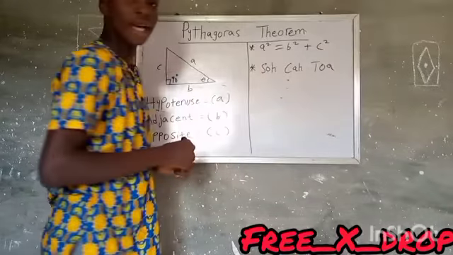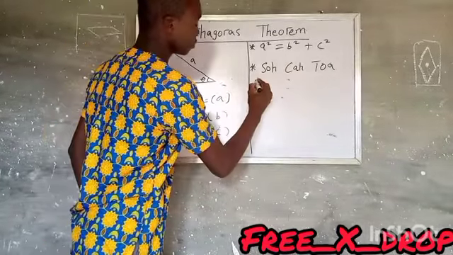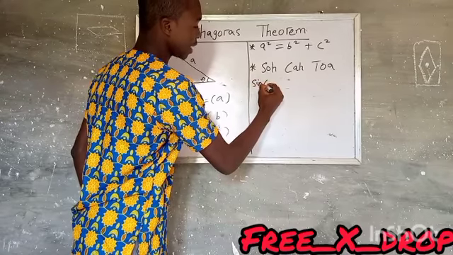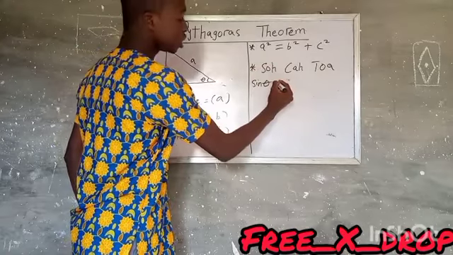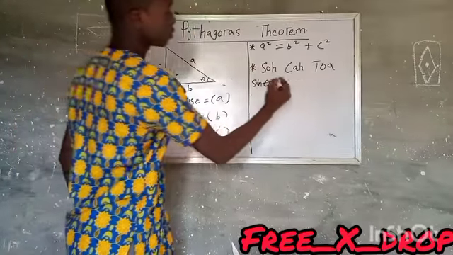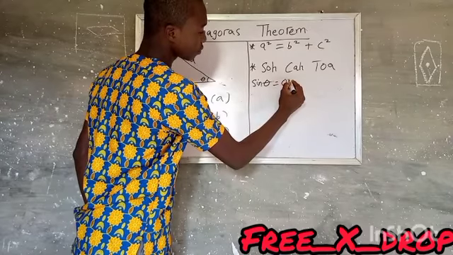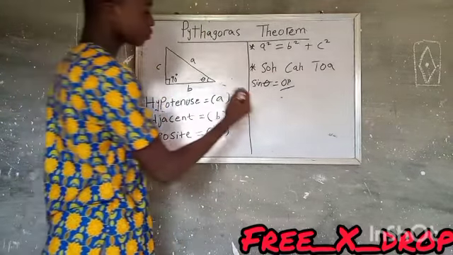And the first one here means, the S means sine theta, which is equal to, O means opposite over the H means your hypotenuse.